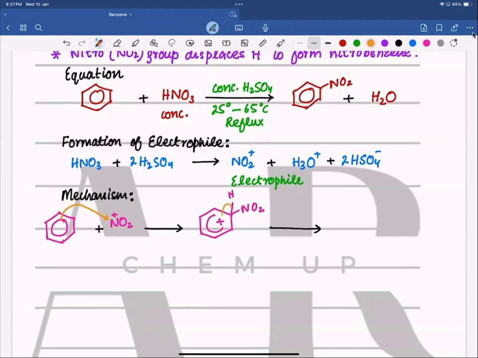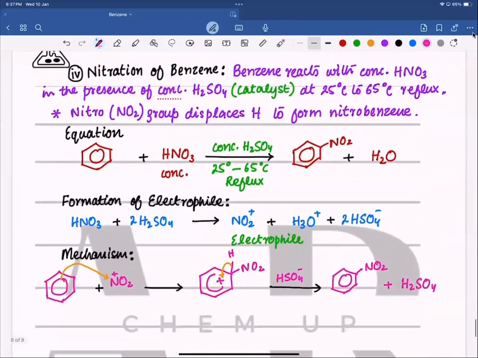Now, it releases the hydrogen, and the pair of electrons restores the pi system. And here, the HSO4 negative, which is formed from the catalyst as the intermediate, interacts. Nitrobenzene is formed. The hydrogen joins with HSO4 negative to form H2SO4. So see, the catalyst is restored. Is this mechanism clear to all of you? Yeah, all the mechanisms are the same. The only difference is the electrophile in all of these mechanisms.